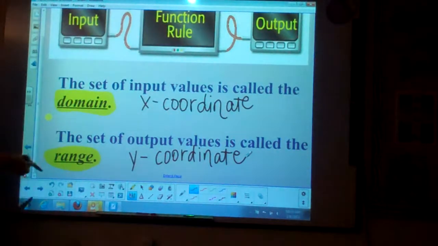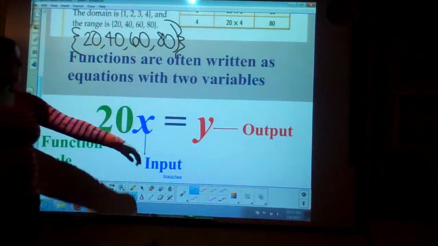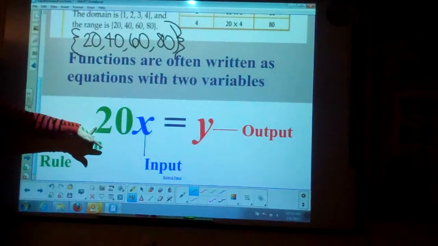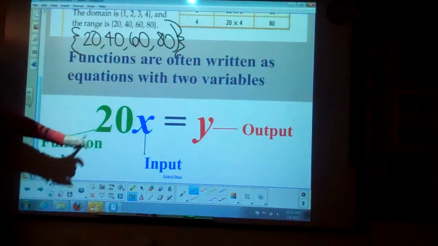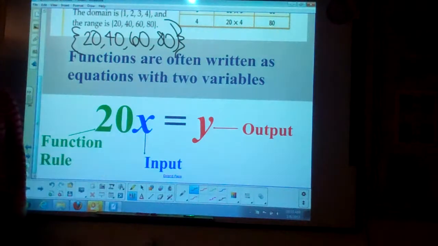And then if I go back to that problem with Javier, this is an example of the function table put into an equation form. So 20 times x is going to equal your y.